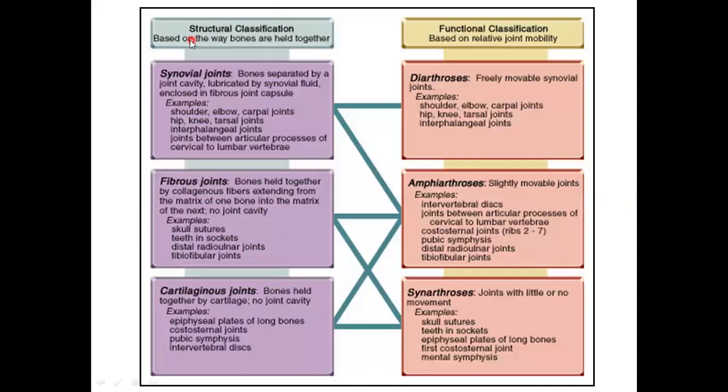The structural classification is based on the way bones are held together, and the functional classification is based on relative joint mobility, how they are moving.